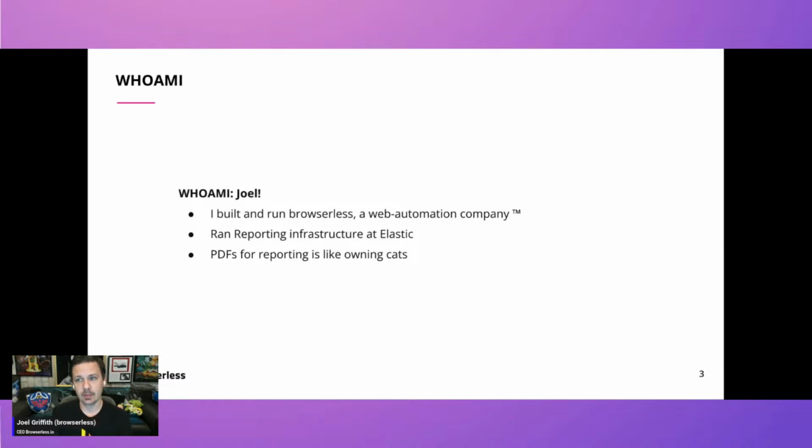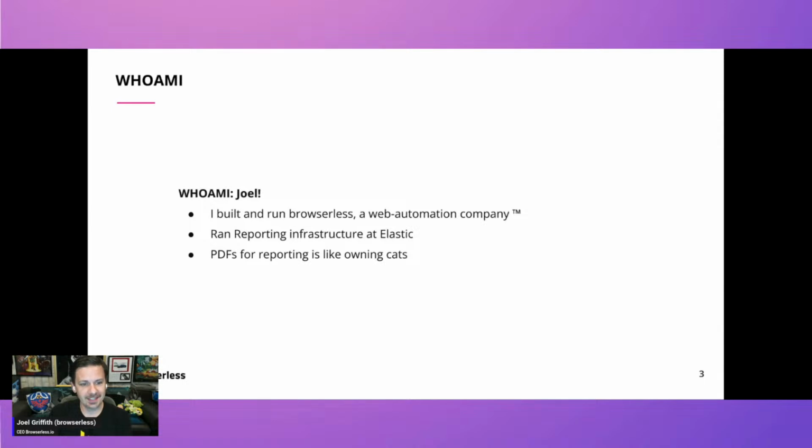And so that used a lot of PDF generation and PNG generation. And the approach that we're going to talk about a little bit later is the approach that we sort of had at Elastic, though we didn't necessarily have, I would say, a great infrastructure setup for that. So we'll talk a little bit about that as well, and kind of some guidelines there.